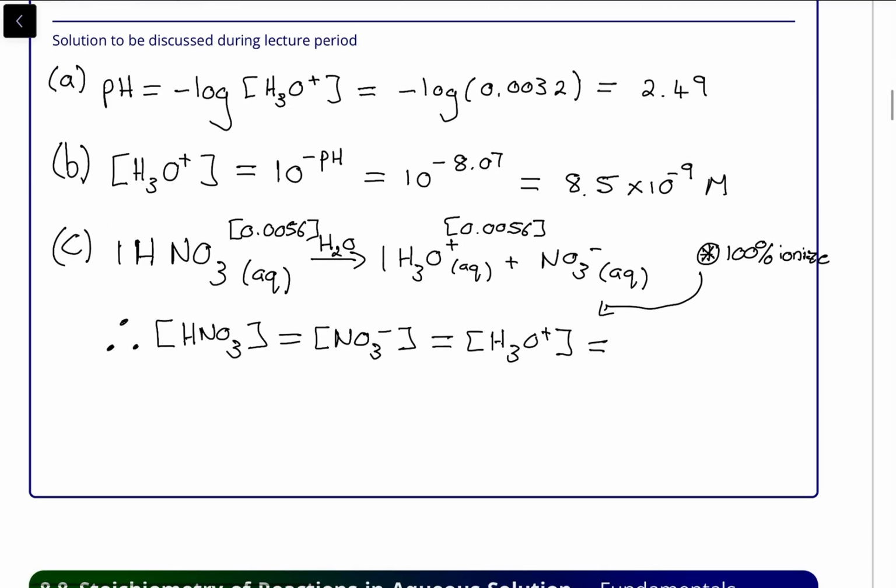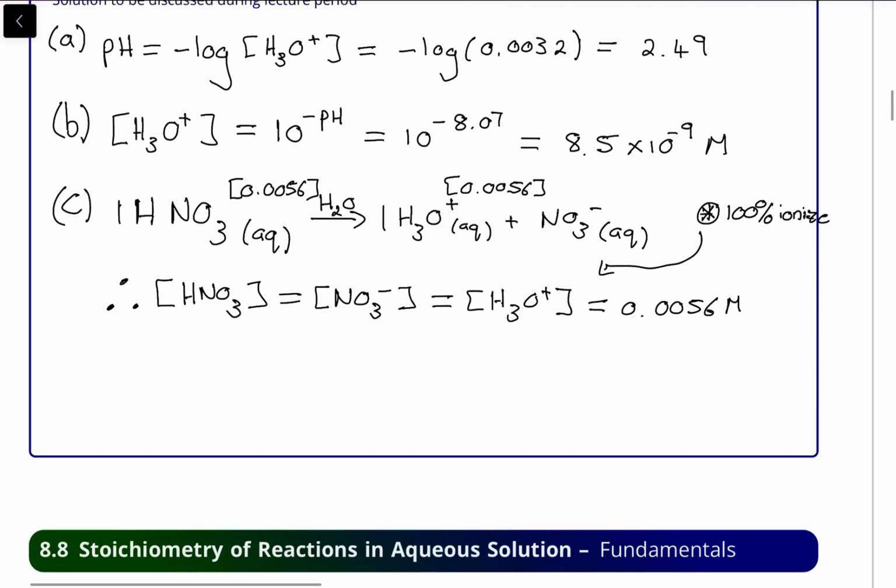And that is given in the question as 0.0056 molar. Okay, because it's a strong monoprotic acid. If it was a diprotic acid, then of course your stoichiometry would change, but you can just remind yourself of how those ones work.